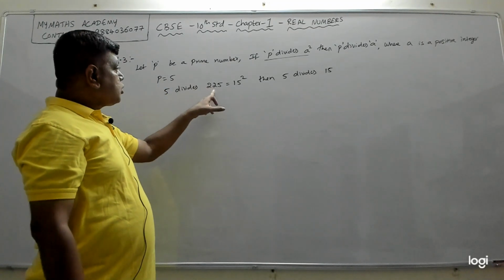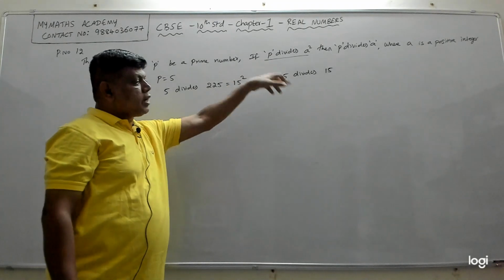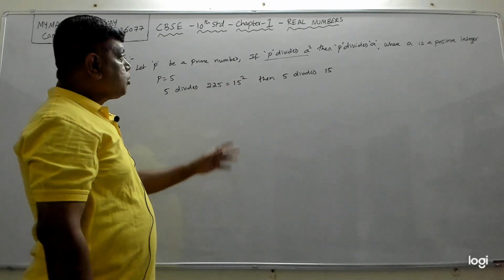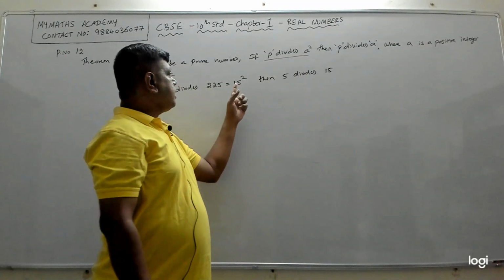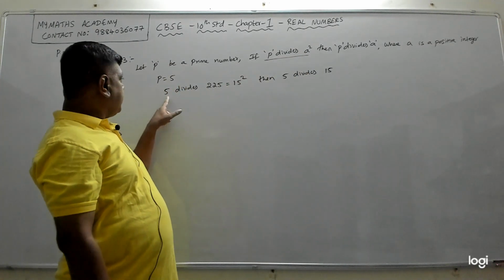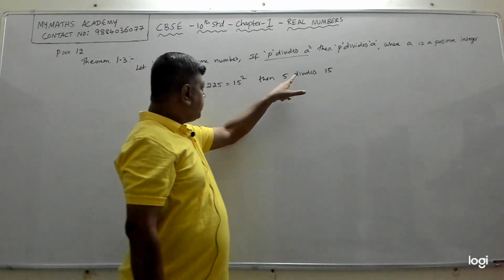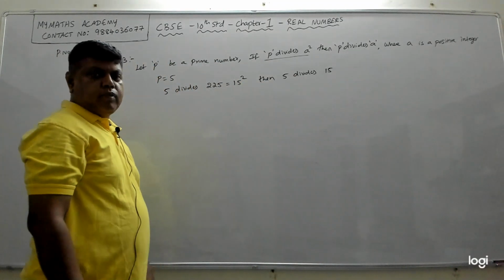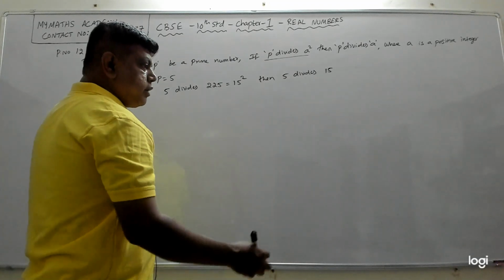If it divides the square of a number, then it divides that number. That's what it says: P divides a square, a square means 15 square, P is 5, so P divides a square, then P divides a. Clear?